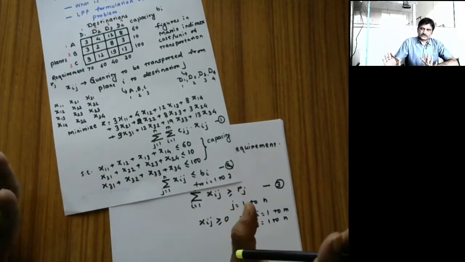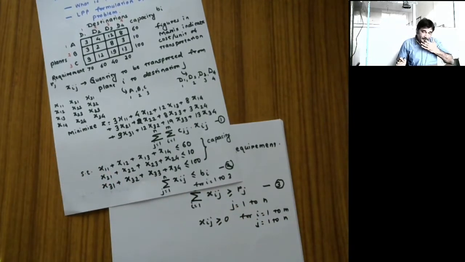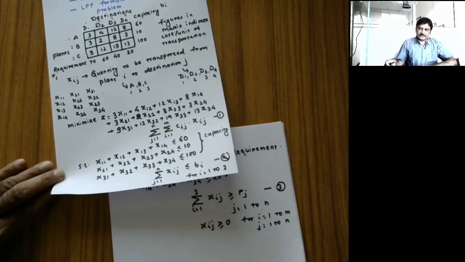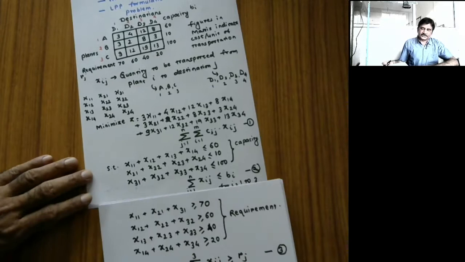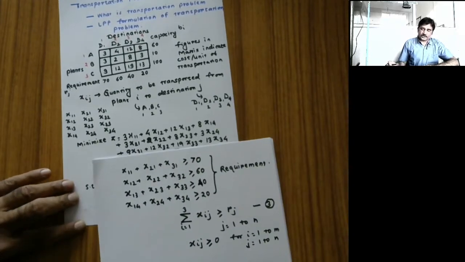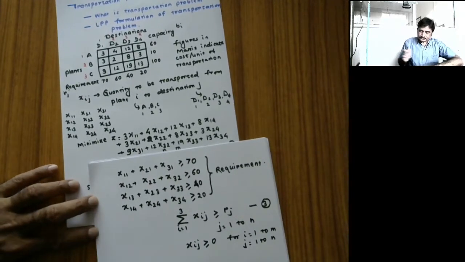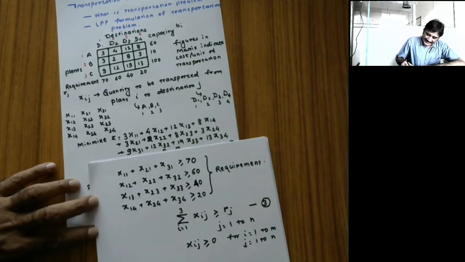The things are enough till this point, but I would like to go a little ahead in this lecture. I will be having certain discussions on the formulation of this transportation problem. How many total variables does this problem have?